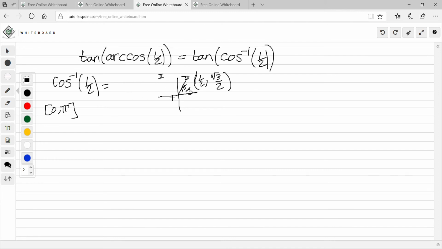I'm not going to use 2 pi over 3, right? Because it has a negative. That's negative 1/2, comma, root 3 over 2. So we don't need to use 2 pi over 3. Our only option is pi over 3.